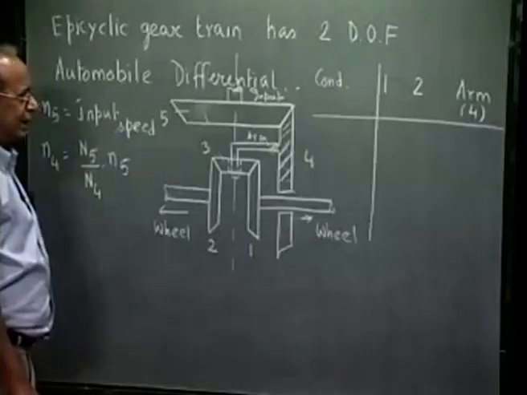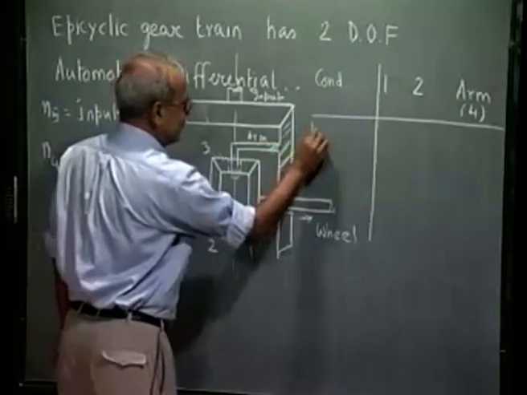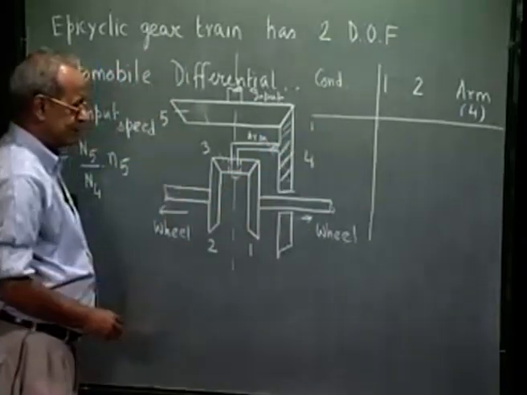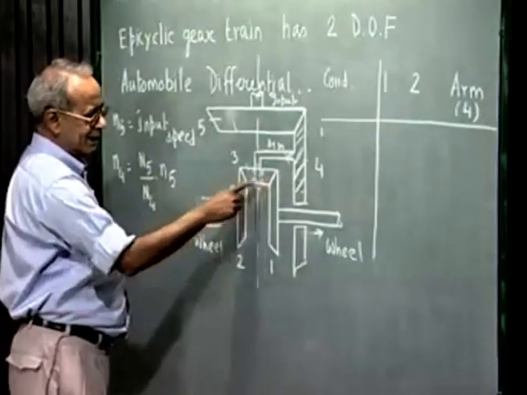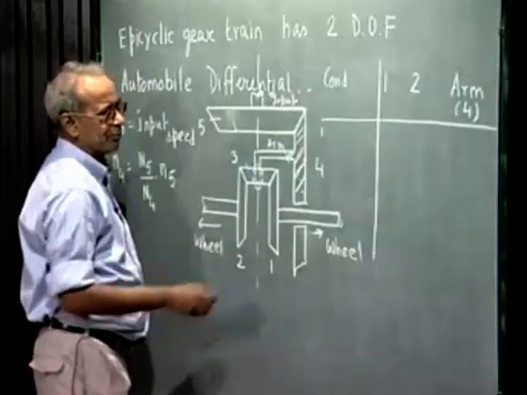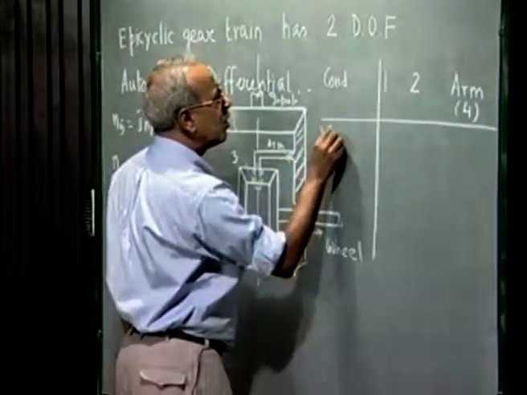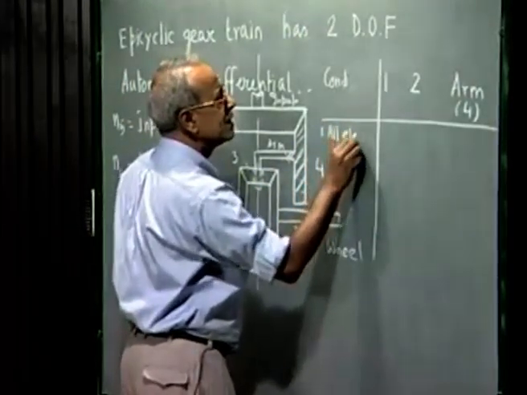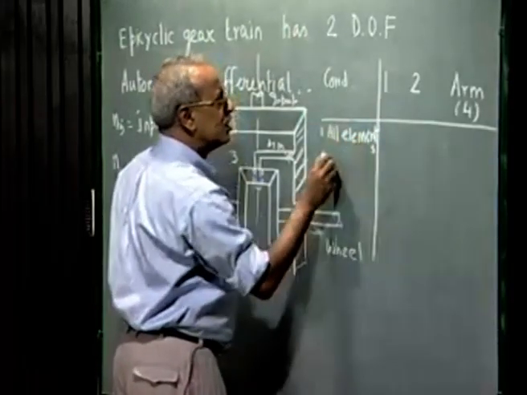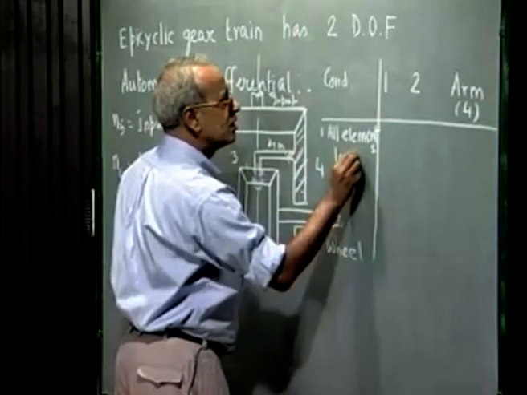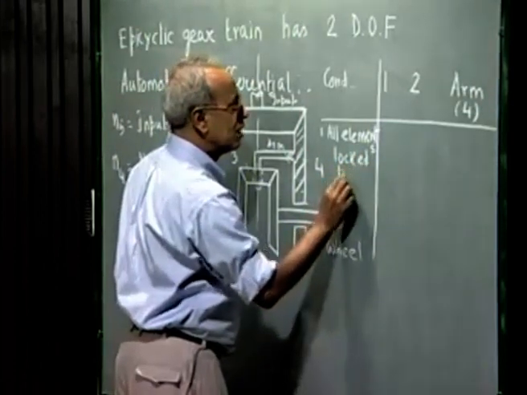So first we say everything is locked to the arm. All these elements, this gear, this gear, this gear, everything is locked to the arm.